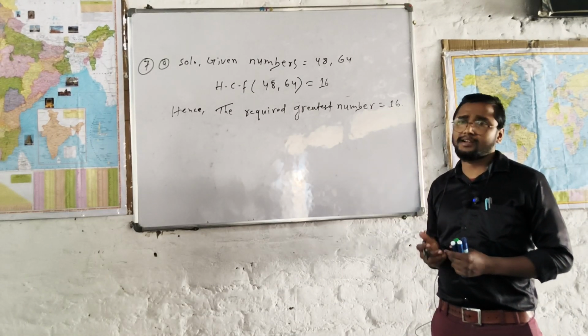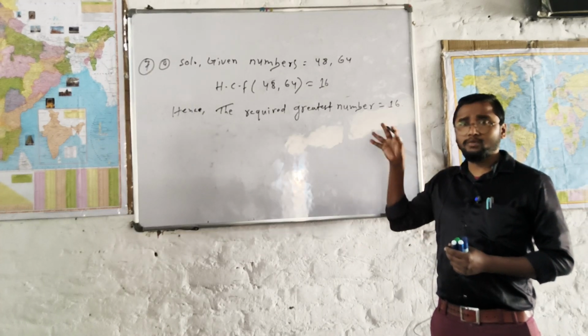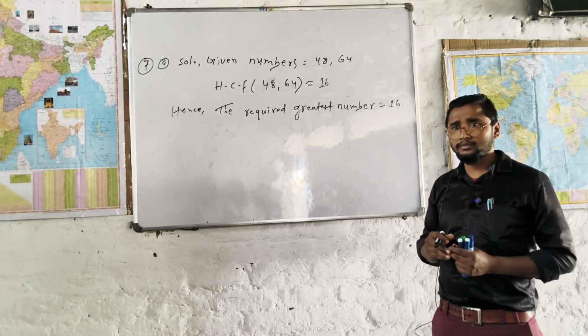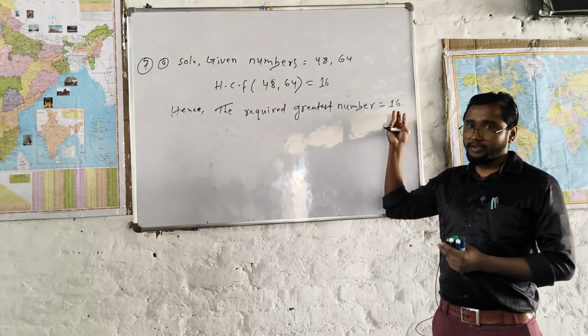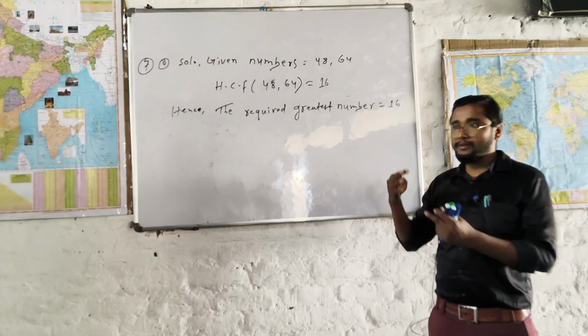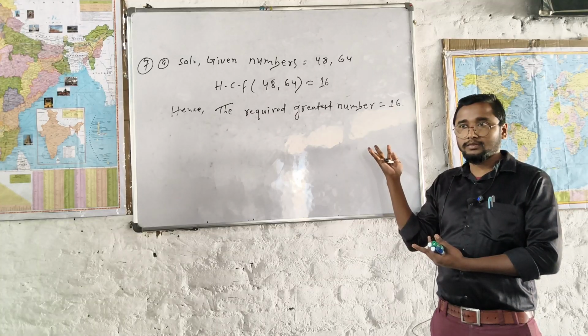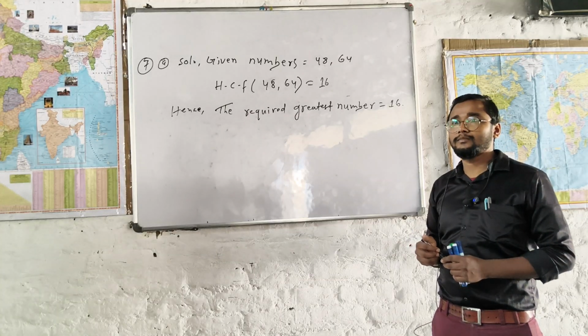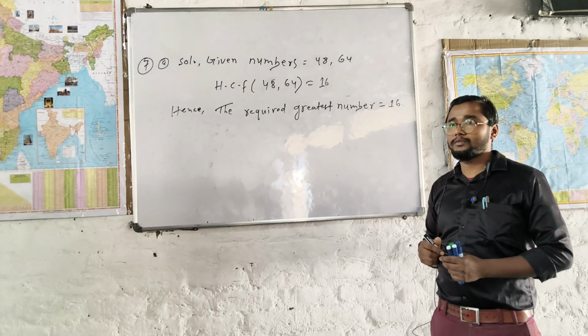Sir, how do you know that 16 is the greatest number that will divide both? When I say the required greatest number is 16, it means some more numbers are also there that will divide 48 and 64. You tell me what the numbers are.